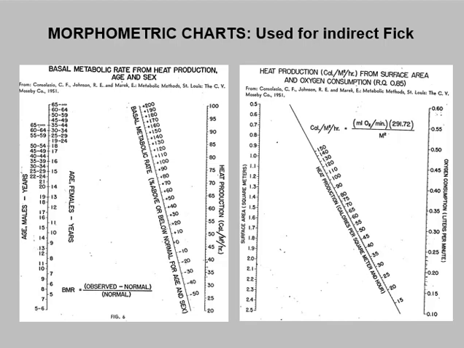The other 2 morphometric charts used in the calculation of indirect FICK cardiac output are estimates of basal metabolic rate and heat production. We normally always know the patient's age, and we assume a basal metabolic rate of 0 because the patient is at rest with no physical activity.